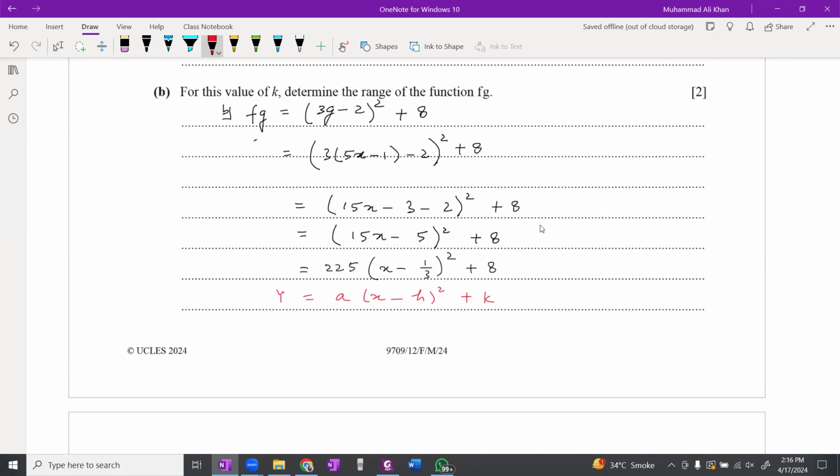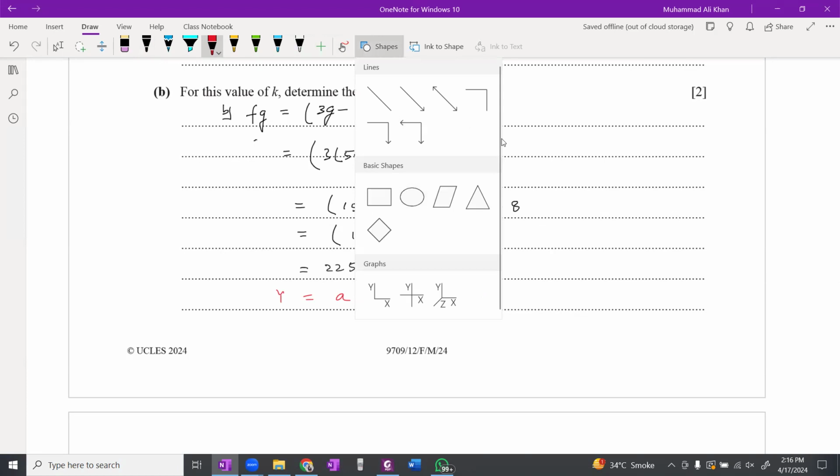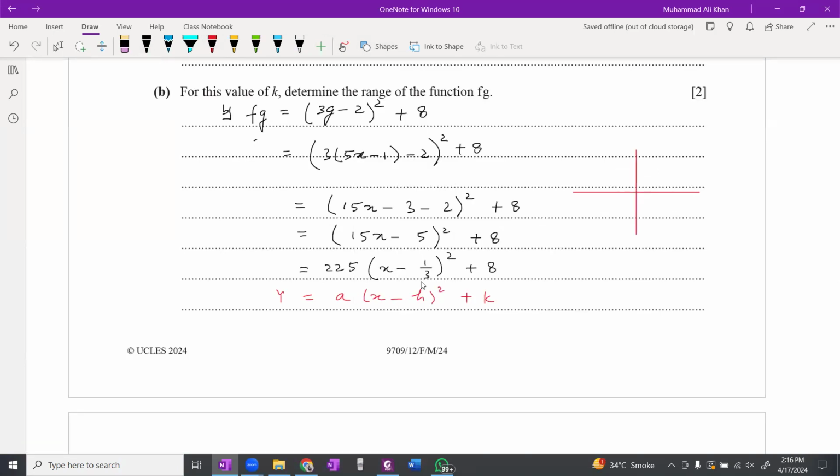So we have to calculate the range. I'm sketching this curve. According to the equation, the value of h is 1 upon 3. The value of k is 8. Here is the turning point.